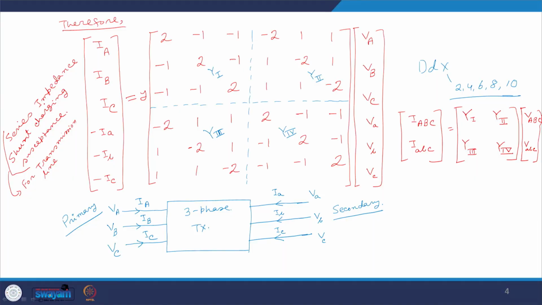Similarly, we have also looked at the shunt charging susceptance, and we have seen that the shunt charging susceptance of a 3-phase transmission line is also a 3 cross 3 admittance matrix. Essentially this is nothing but a capacitance matrix. So this matrix can be represented by an equivalent susceptance matrix.